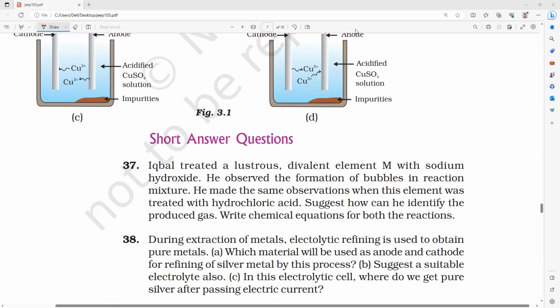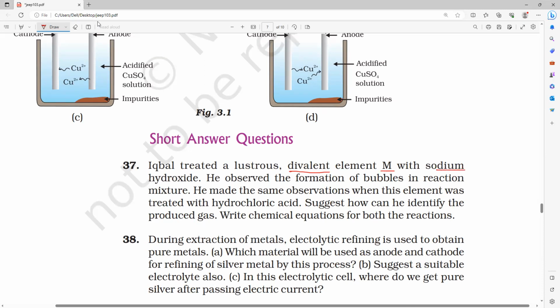See, every question is like CBQ questions only. They'll just add some names for everything. Now here the first question is, Iqbal treated a lustrous divalent element M with sodium hydroxide. See, there is a new word here again, divalent element.